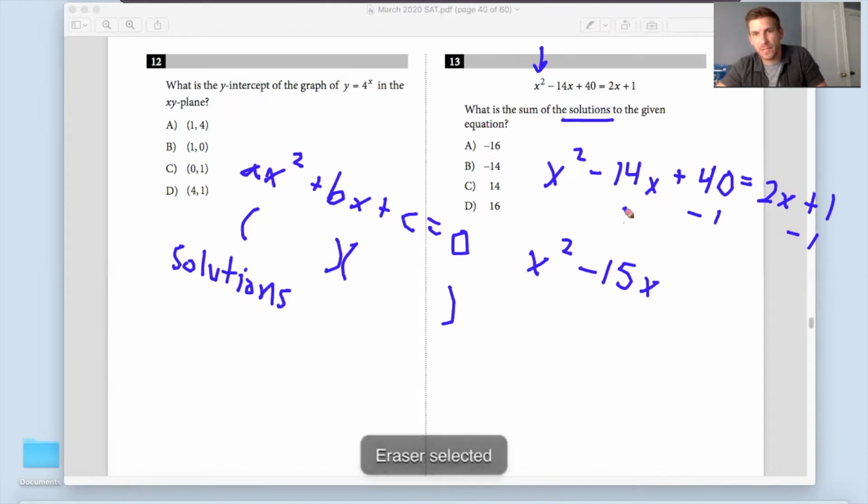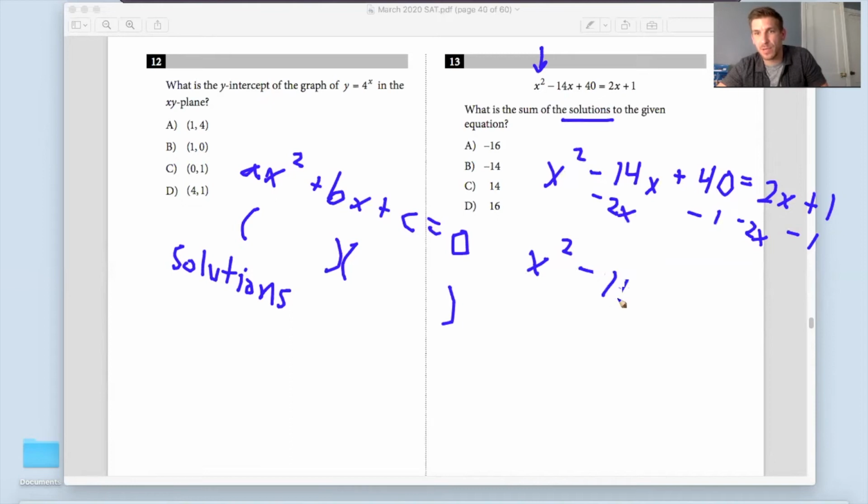So not 15x. It's minus 39, but this is actually going to be subtracted, so it's going to give me a minus. So I do minus 2x here, which is also minus 2x here. So this gives me minus, yeah, okay, that's more favorable because I'm already doing multiples in my head of things I can factor for. So x squared minus 16x, and then it's plus 39, which also works, equals 0.